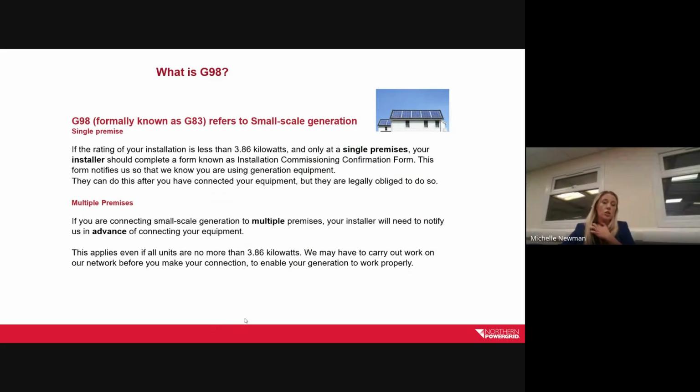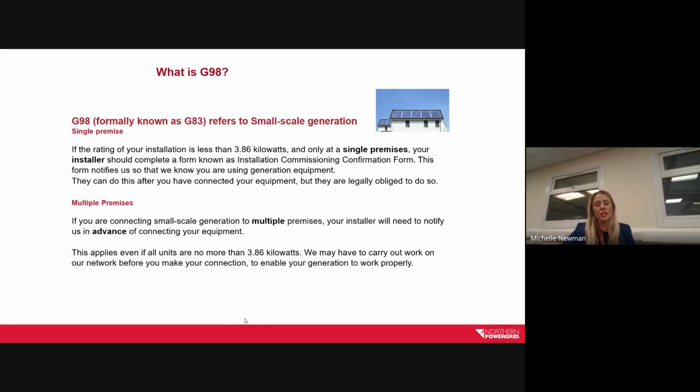So as previously touched on, there's two different forms which can be filled in. The majority of community energy groups do fall into the G99, but it is worth knowing that the G98 form is also a possibility if you've got very small scale generation projects.